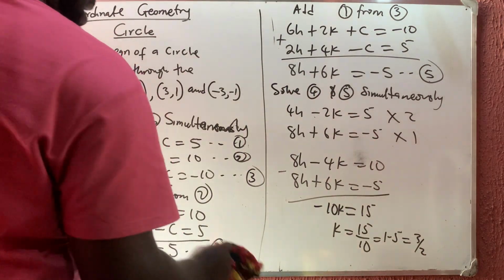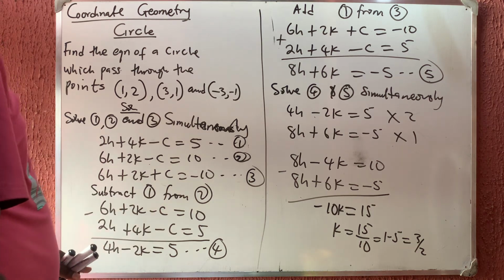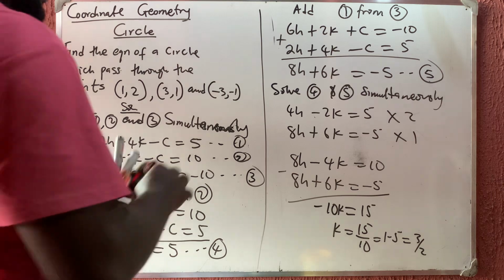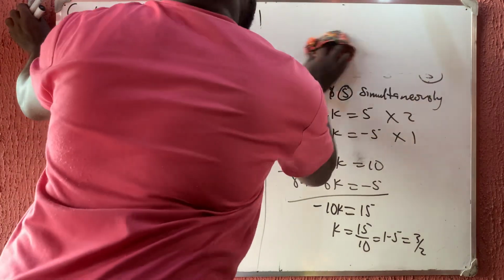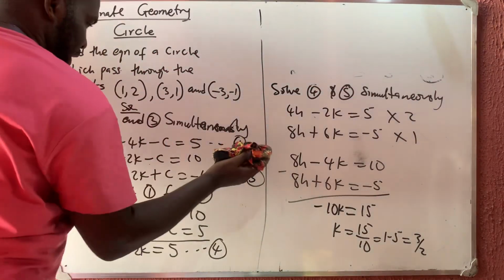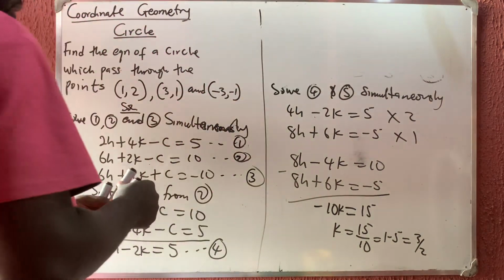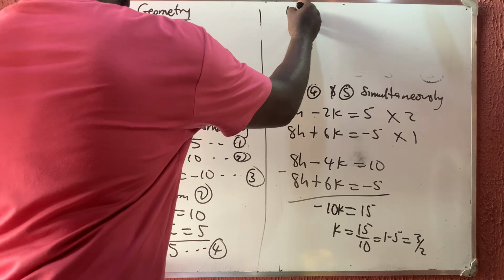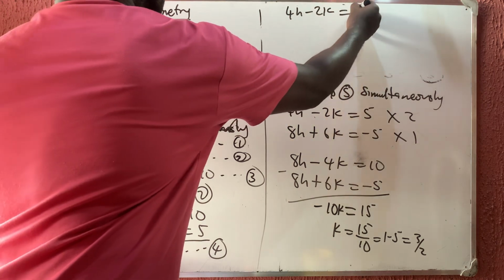Now for me to get my h, I substitute either in equation 4 or in equation 5, any one you like. So let us use this side. Okay, for me to get my h now, I know that 4h minus 2k is equal to 5.